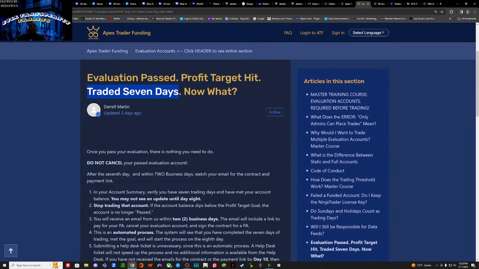You have to hit the profit target, and then you have to trade for 7 days. So once you hit that profit target, I don't care if you hit it day 1, day 2, day 3, try to go over by about $20, $30, and then just start trading micros, and then just have a cap of maybe $5. It's great practice trading micros because it moves the same as the ES and as SPY, but without the actual prices.